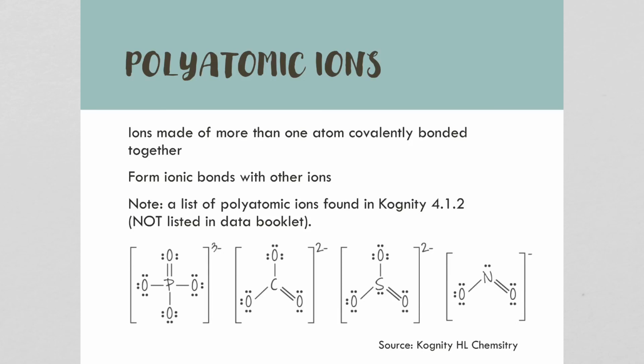They're not listed in the data booklet. There's a list that you need to be familiar with, so that list found in Cognity would include the ones we commonly use. So phosphate, carbonate, hydrogen carbonate, sulfate, hydroxide, ammonium, and that would be pretty much the list.